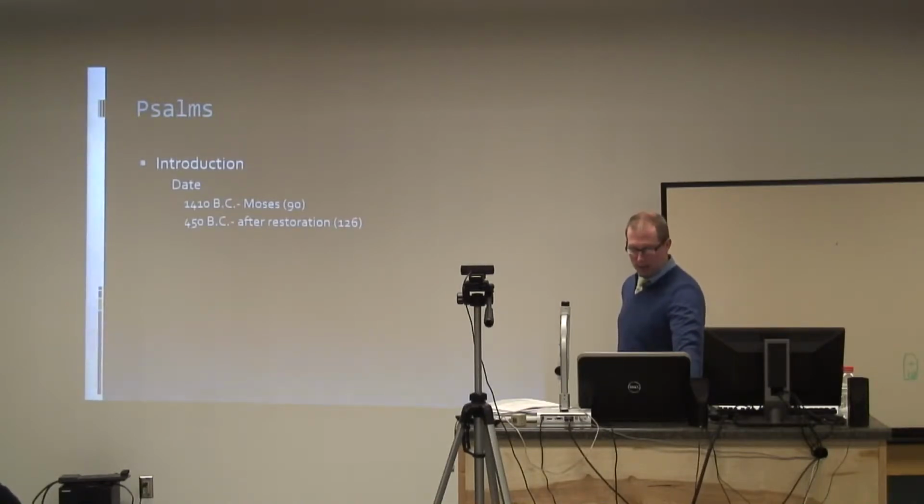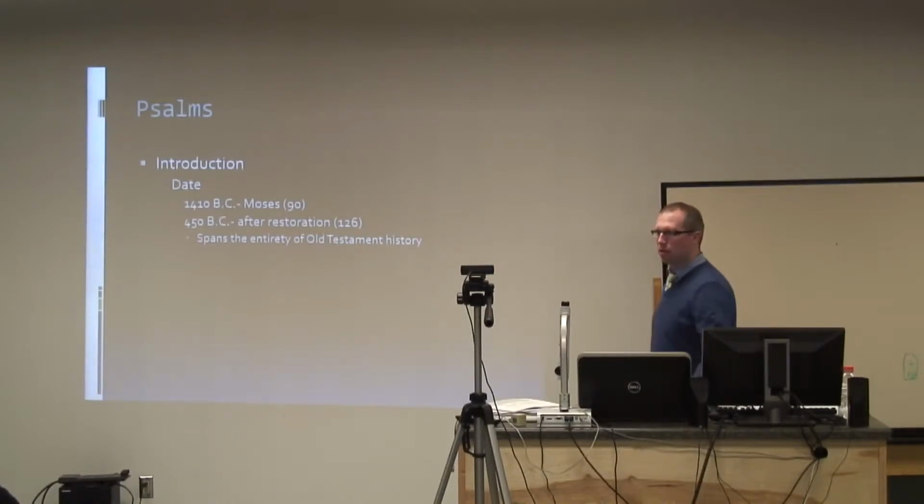Psalm 126, written after the people are back into the land. So what we can take from this is we really span the entirety of Old Testament history for all intents and purposes. We cover a pretty good chunk of time as we consider these Psalms.